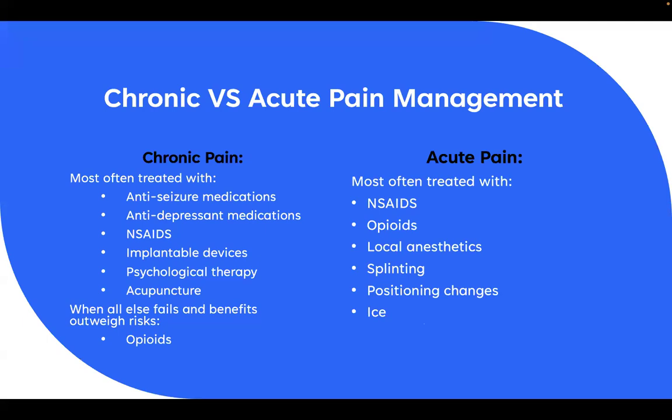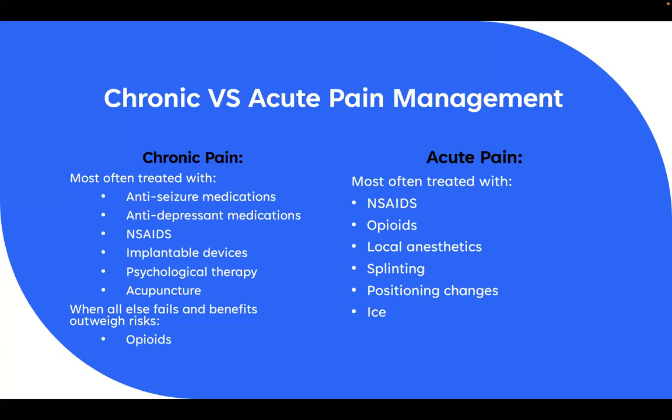Back to medications, what do we look at with chronic versus acute? Chronic pain. So if we're looking at pain that just doesn't subside, you've had it more than 3 months, a lot of the times they'll try whatever's under the acute pain medications first. And if that doesn't work, they might look into an anti-seizure medication, an antidepressant, and see if some of those are more successful.